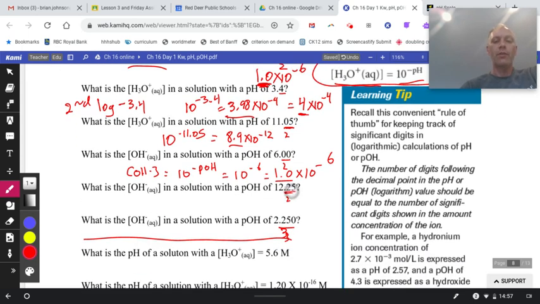Okay, this one also has 2 decimal places, 2 sig digs, 10 to the negative 12.25 equals 5.6 times 10 to the negative 13. That's a concentration, normal sig dig rules, 2 sig digs. Okay, last one, 10 to the negative 12.250 equals 5.62 times 10 to the negative 13.